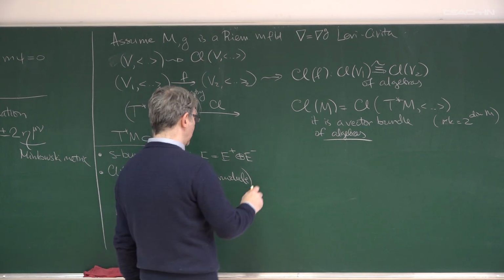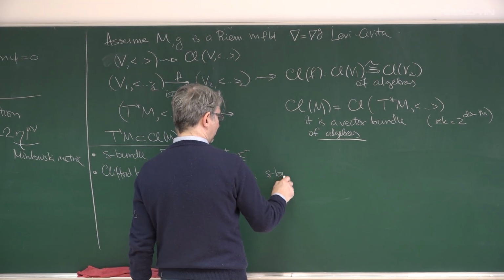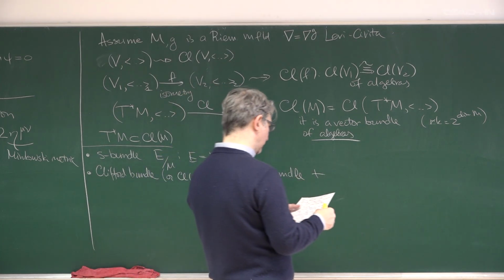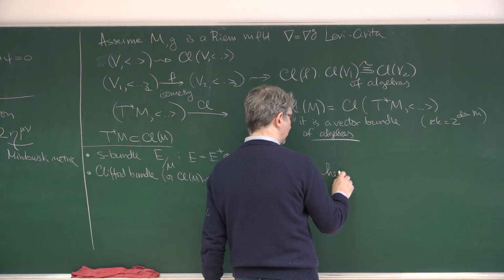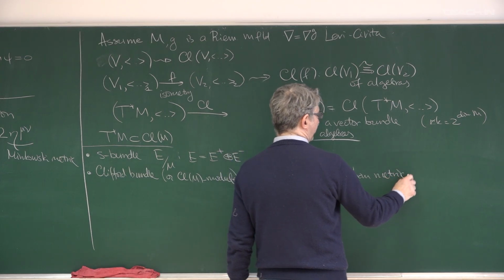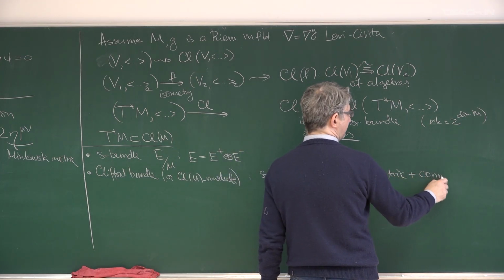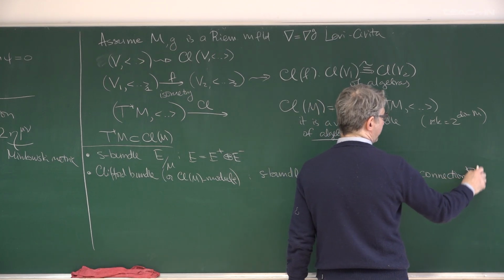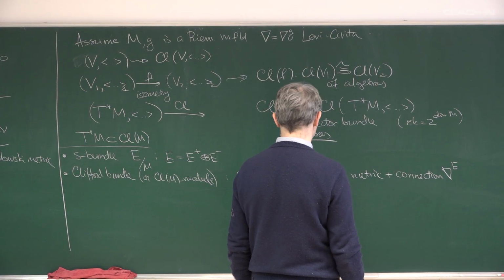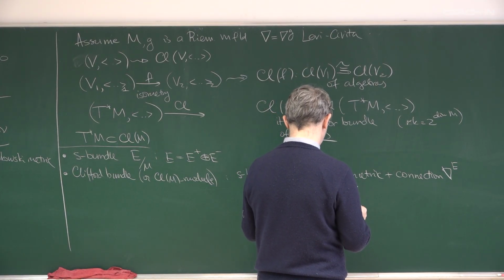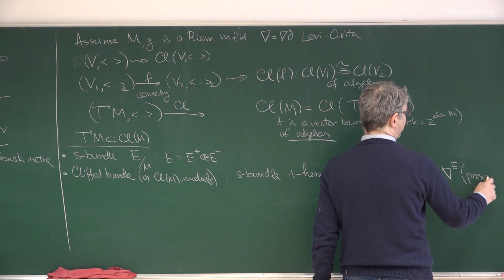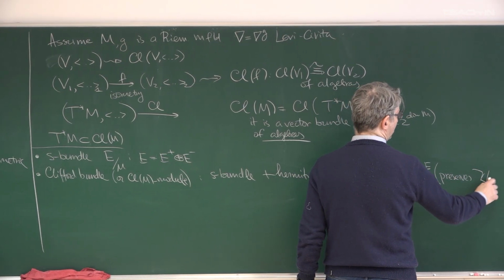So what is it? It is an S bundle plus a bunch of data: a Hermitian metric, plus a connection, nabla E, that preserves the Z2 grading.